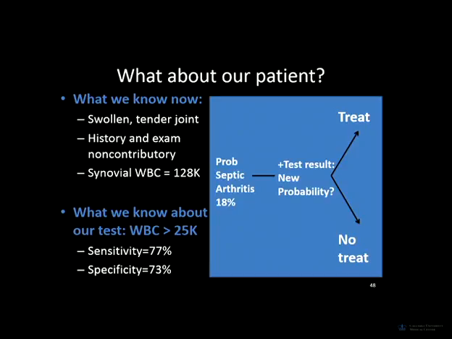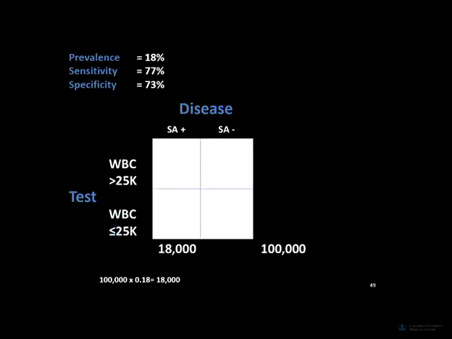And so we need to take the test characteristics that we learned from the JAMA paper, a sensitivity of 77%, a specificity of 73%, and use that information to calculate a new probability of disease and see if that gives us enough information to make a decision to treat or not.